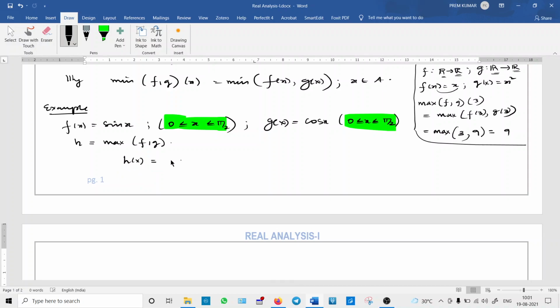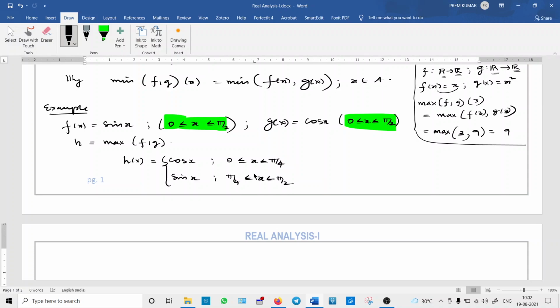This is nothing but cos x. We are going to write it as a piecewise function. Cos x in which interval? From 0 to, just now I explained, pi by 4. Always cos x is maximum. And this is equal to sin x if the interval is from pi by 4 to pi by 2. That's all. This is the maximum of the two functions.